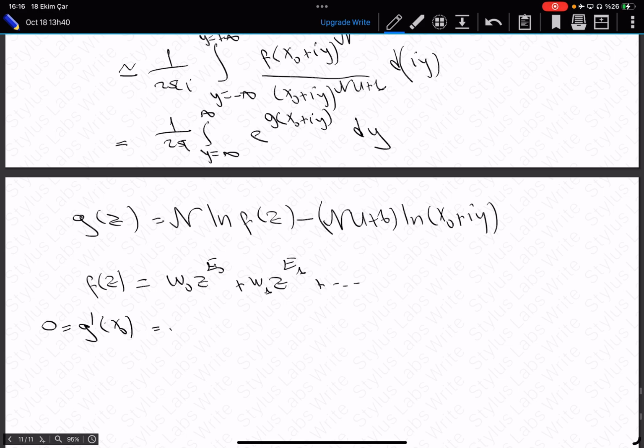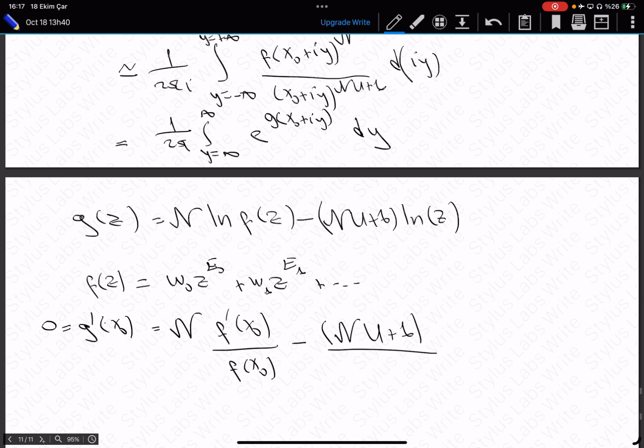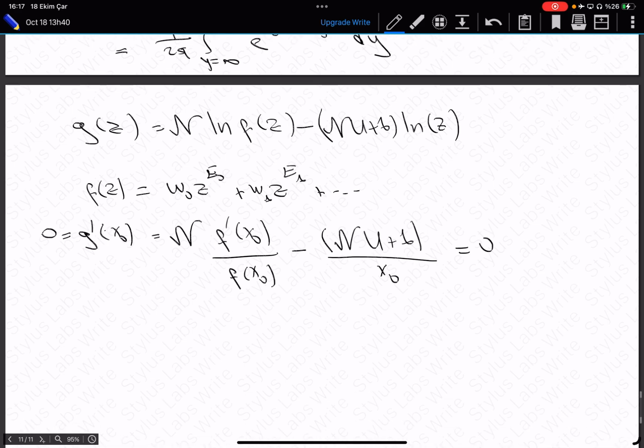But this is equal to N f prime of x0 divided by f of x0, minus nu plus 1 over x0. This should be equal to 0. This is how we can determine x0. Well, let's keep it this way for the time being.